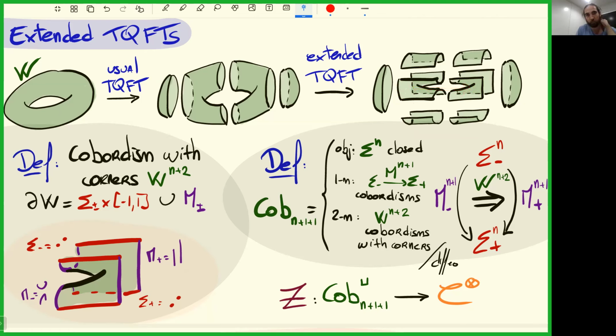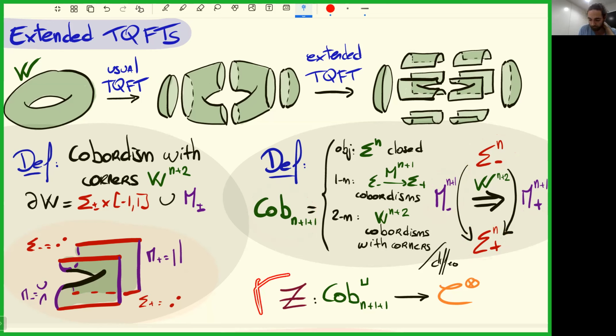And I also have another kind of composition in the other direction. If I have something from the empty set to sigma minus and then to sigma plus, I can compose these two and get something from the empty set to sigma plus. So there are two directions in which I can glue these cobordisms with corners, either along the boundaries M plus and M minus, or along the corners themselves. These two directions are really what says this is a 2-category. This structure is what I'm going to use to talk about handle attachments.